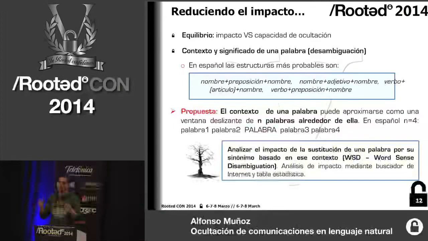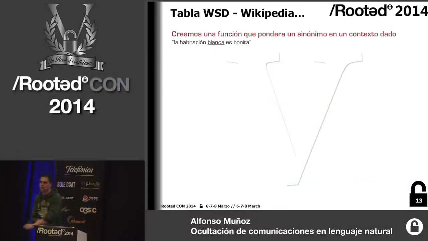Well, that window is important, but if you make it really large, the capacity will be greater. However, the hiding capacity will be reduced. Therefore, taking that into account, I took the word that I wanted to apply the synonym on, as well as the window, to study how good it was.